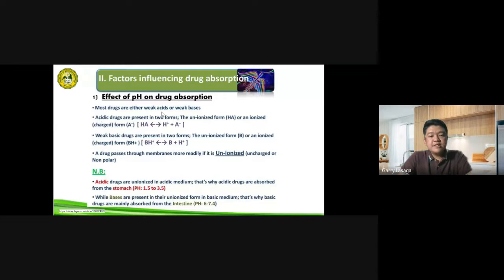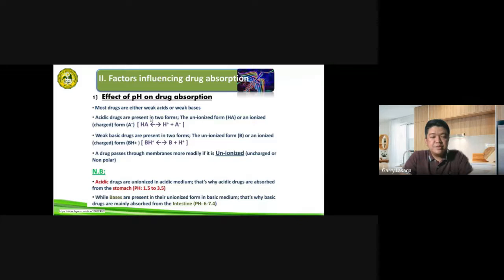When we say a particular substance is acidic, that substance has the ability to donate or give off a proton or hydrogen ions.